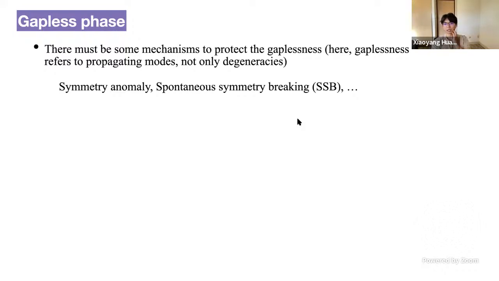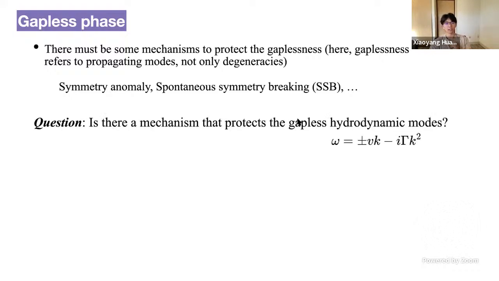This chiral anomaly can also be generalized to higher dimensions. For example, in a Weyl semimetal, you also get this gapless mode. Another mechanism is that you can break your continuous symmetry spontaneously, where you get Nambu-Goldstone modes that support these gapless excitations. So the question is, is there any mechanism... I have a quick question.